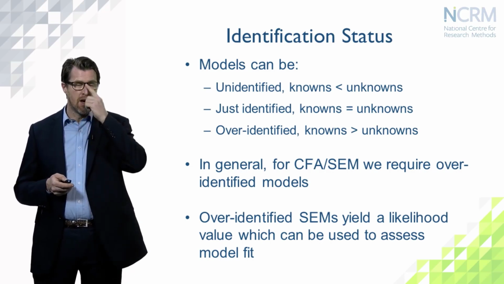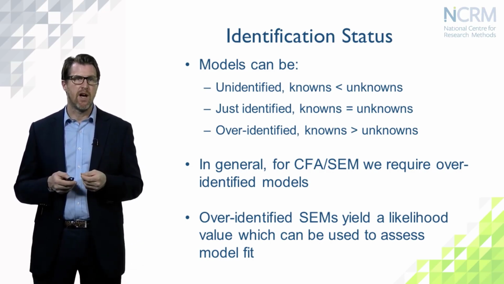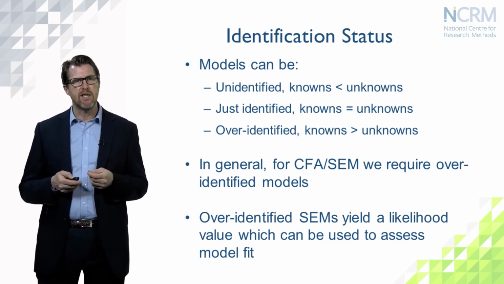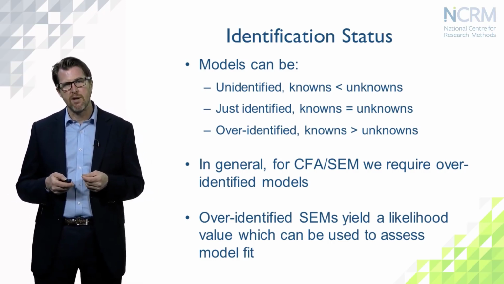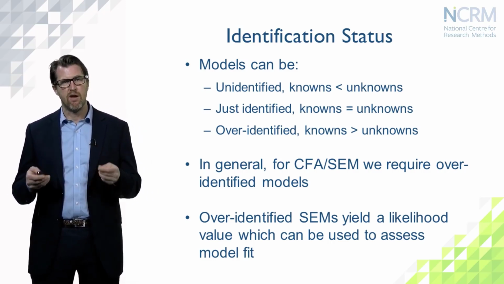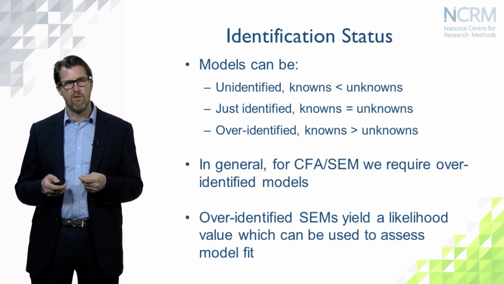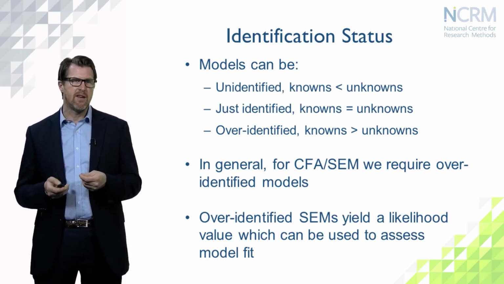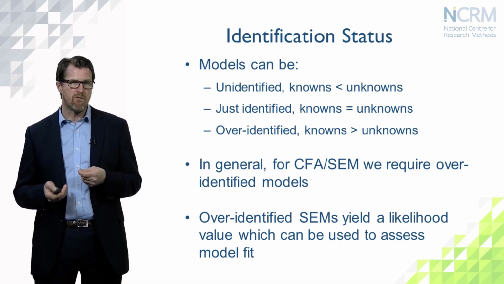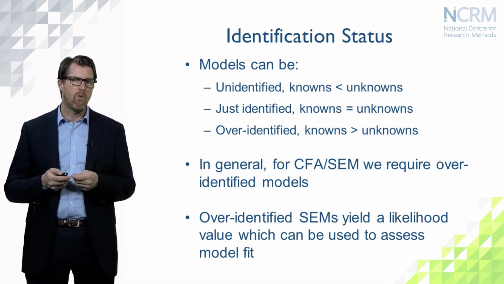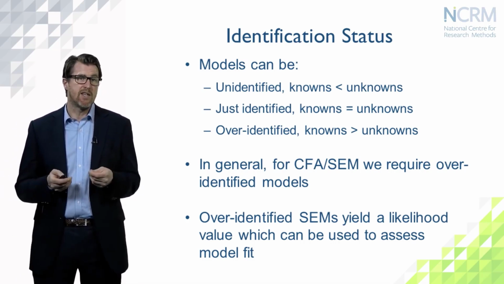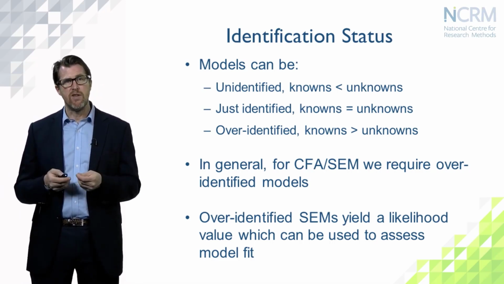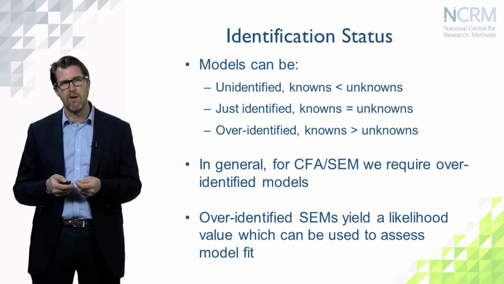So it's quite easy compared to how things were done in the past. But nonetheless, it's still useful to have a consideration of the identification status of a model, as it helps us to understand where things might be going wrong if we have a problem and our model is unidentified. Working through it in this way can help us to see why.